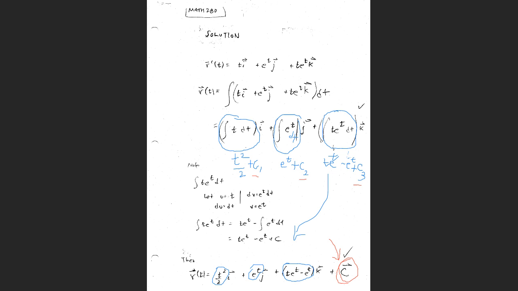So it's going to equal something times i plus something times j plus something times k. Can you fill in the spaces?